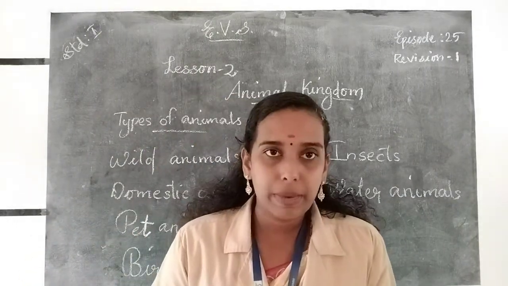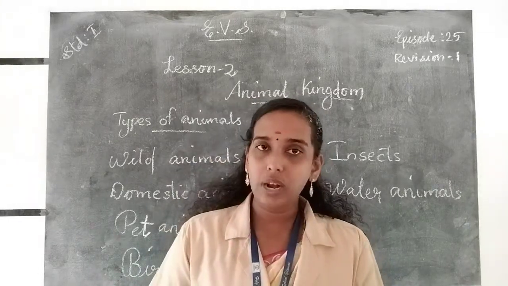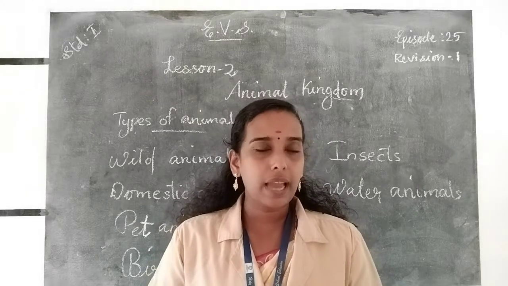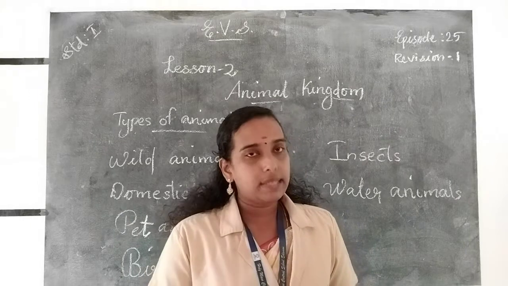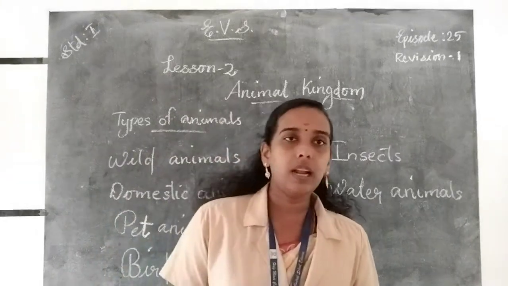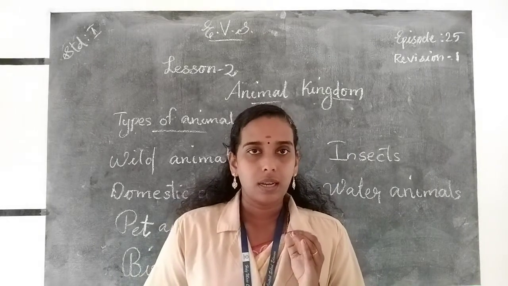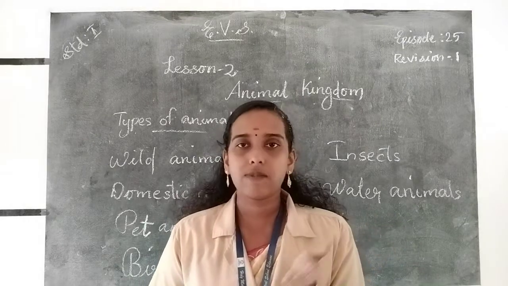Birds are animals that have feathers and they have a beak and 2 legs with claws. And most birds can fly with the help of their wings. Examples for birds are parrot, kingfisher, pigeon, etc. Some birds live in water, and examples for such birds are duck, swan, etc.